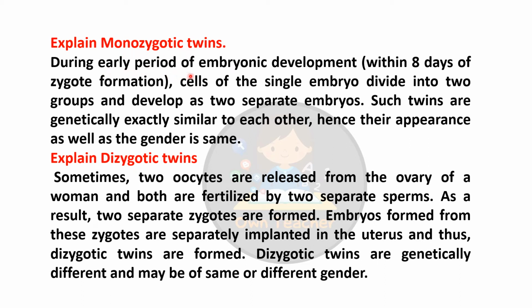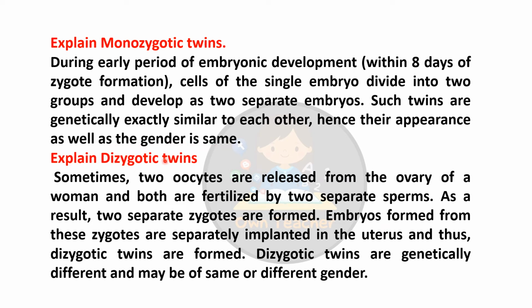During early period of embryonic development, within 8 days of zygote formation, cells of the single embryo divide into two groups and develop as two separate embryos. Such twins are genetically exactly similar to each other, hence their appearance as well as the gender is same.